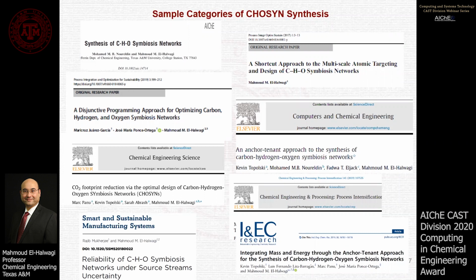And so this work with Dr. Rajiv Mukherjee addresses the issue of reliability of chosen under stream uncertainty. In addition to integrating mass, we can also do the integration of energy among the participating plants, such as in the work of Dr. Topolsky, Fernando Lira, and Ponce Ortega.